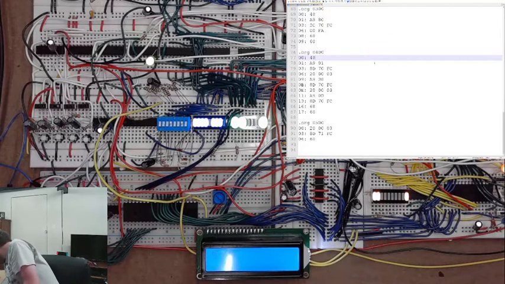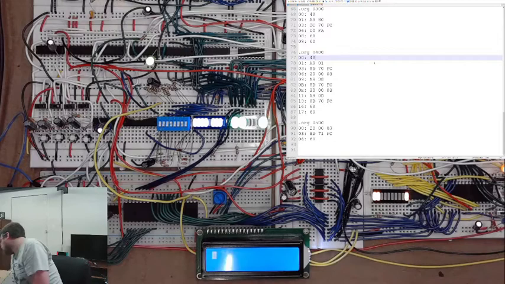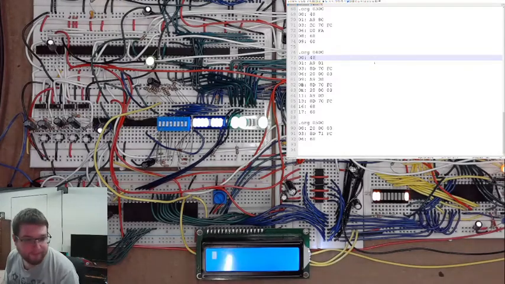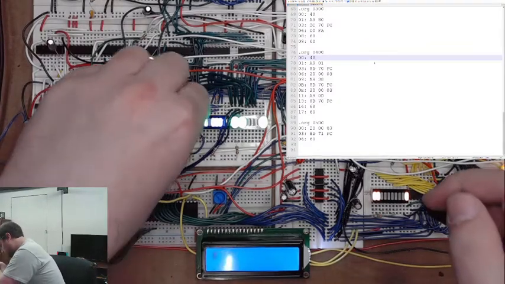I didn't happen to leave address pins floating, did I? That would do it. No, I didn't. They all have something going to them. Okay. We need to go to 4 now.